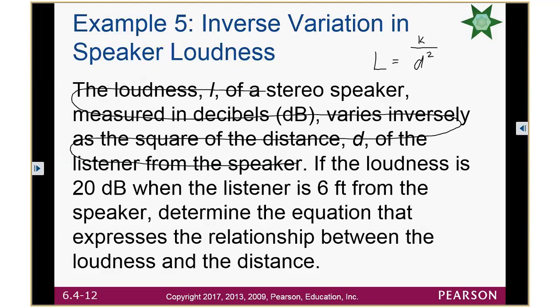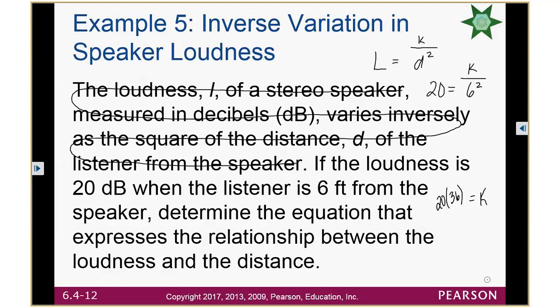So that takes care of all of that. And then they say if the loudness is 20, when the listener is 6 feet from the speaker. So what is K? Well, K is going to equal 20 times 36.